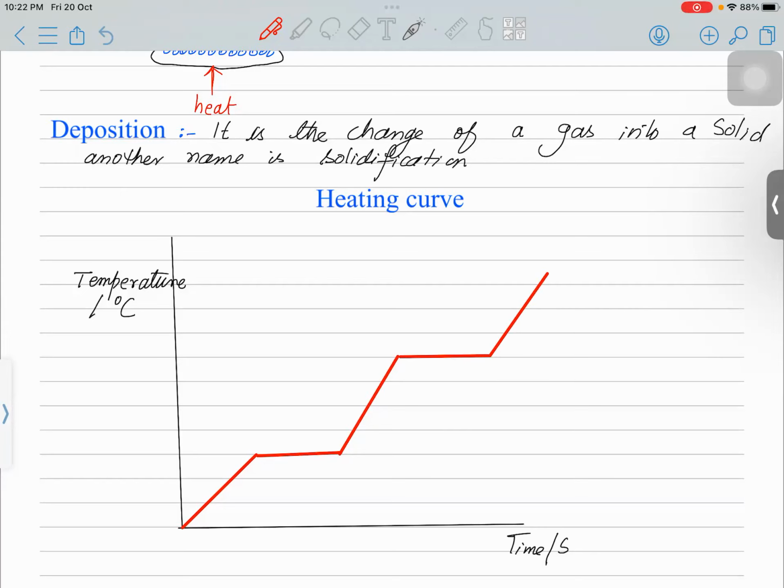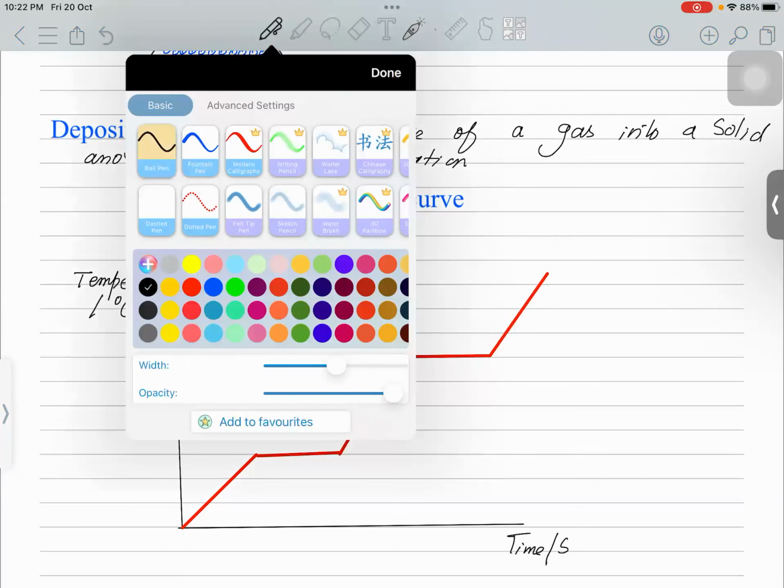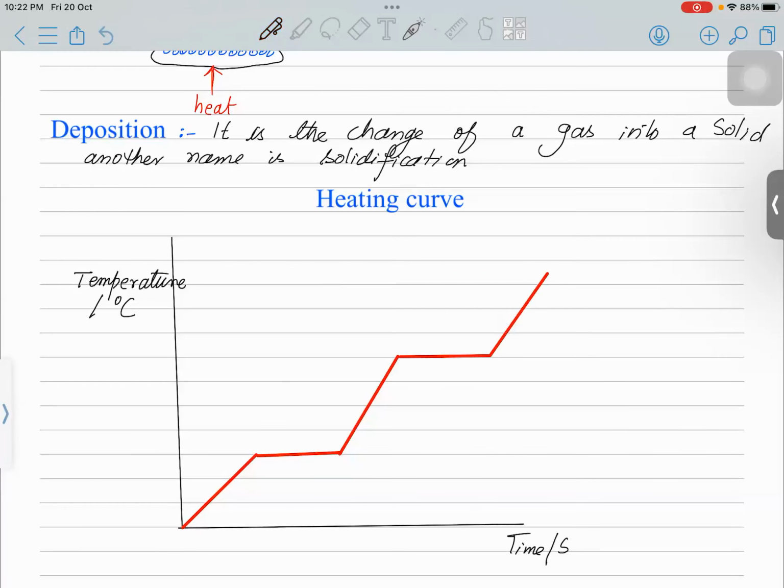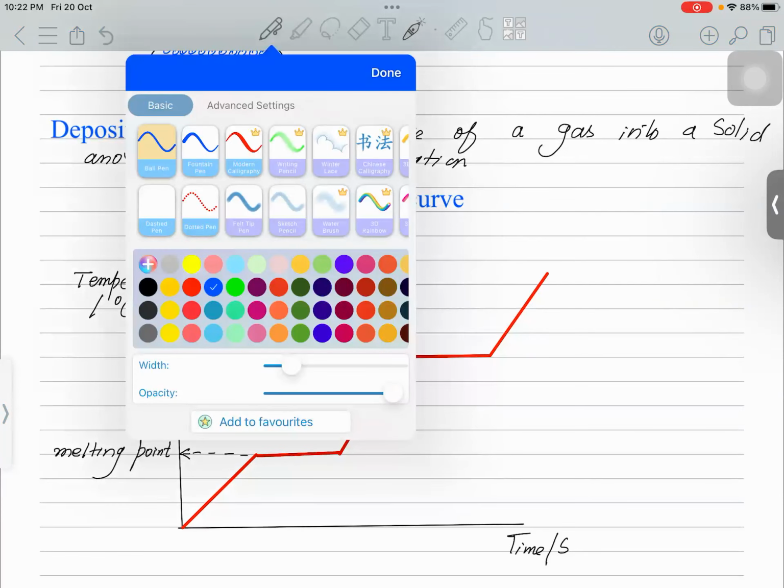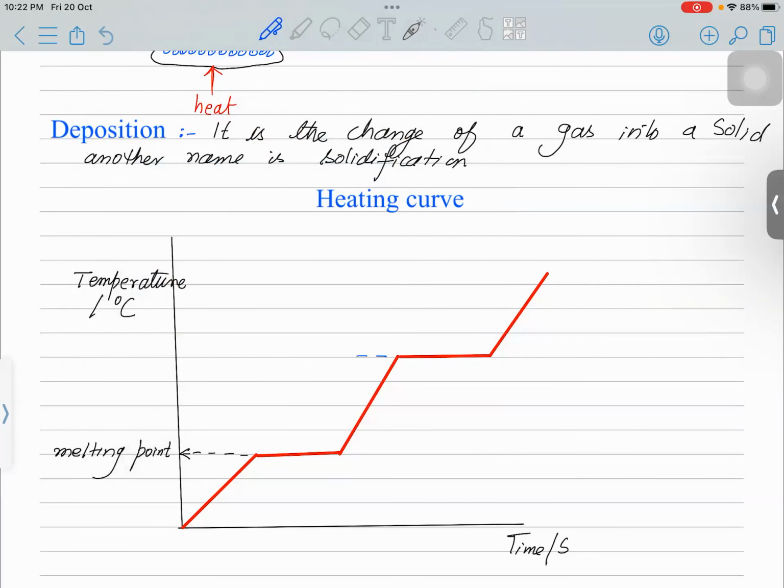This point is called melting point. This is called boiling point.